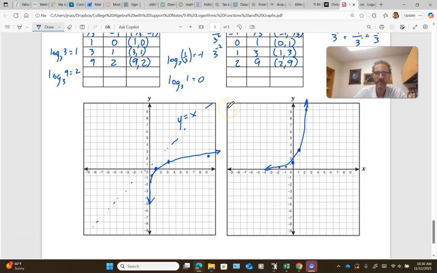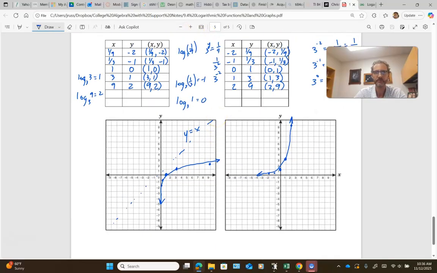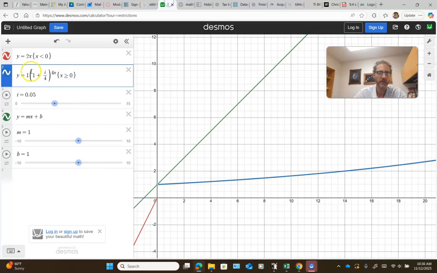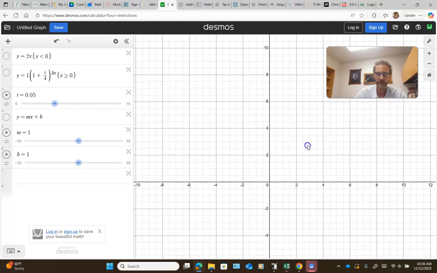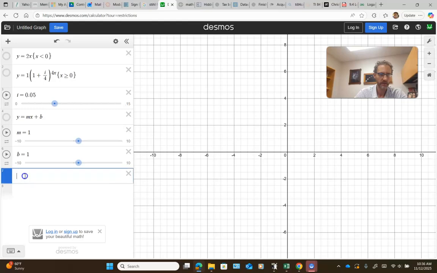Now I want to graph these in Desmos to show you. I'm going to turn off some of what I've got in here. Okay, so I'm going to type in y equals log.